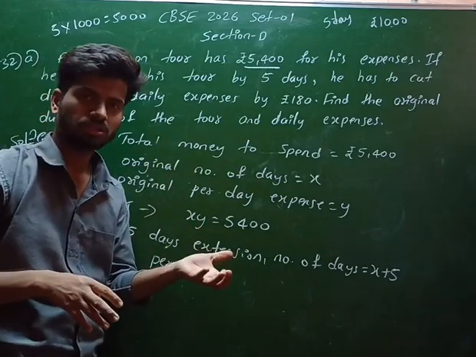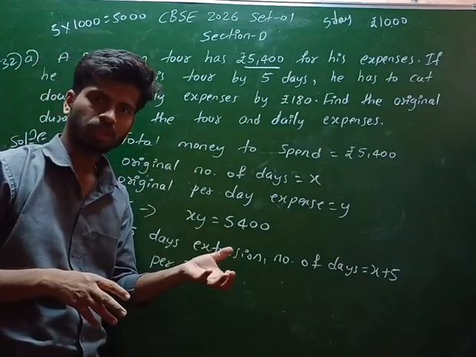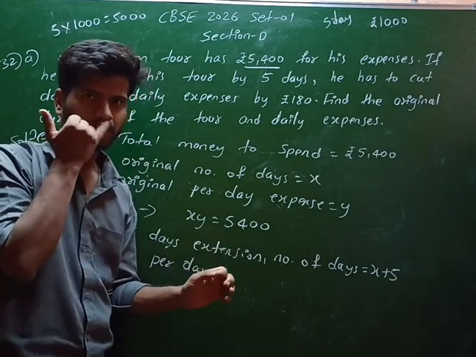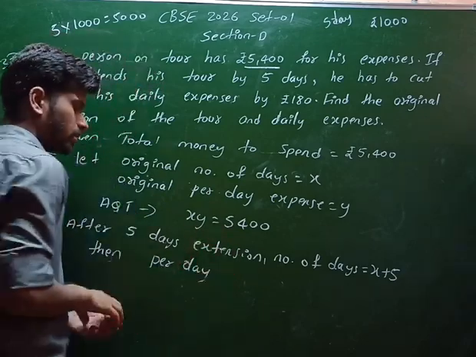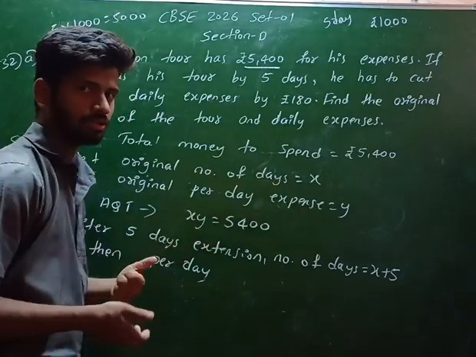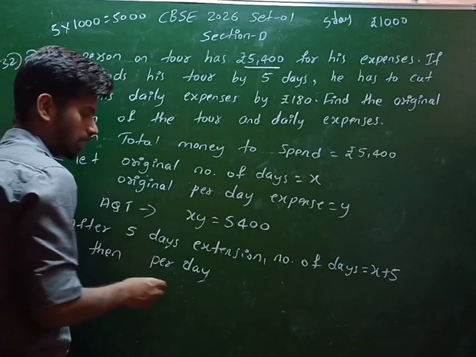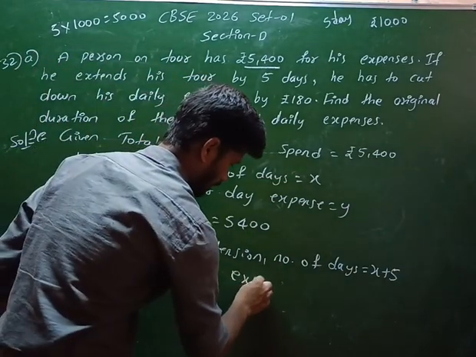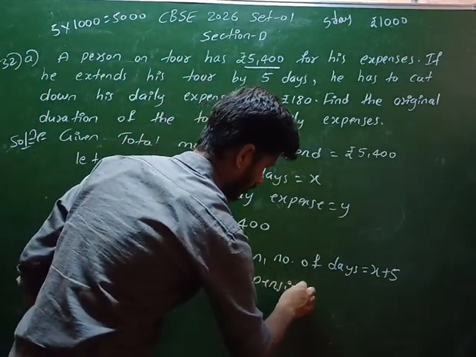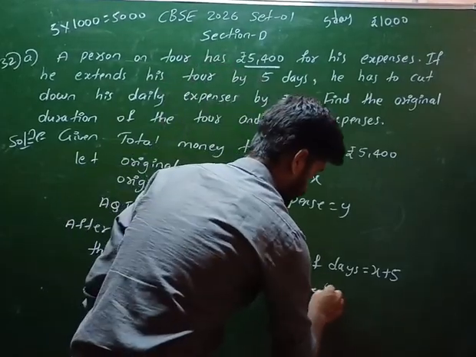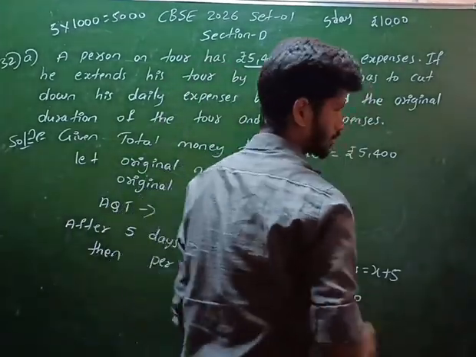That could be how much? 320, right? So it will be 320. Here it is y, so from y we have to subtract 180. So the per-day expense equals y minus 180. This is the condition.